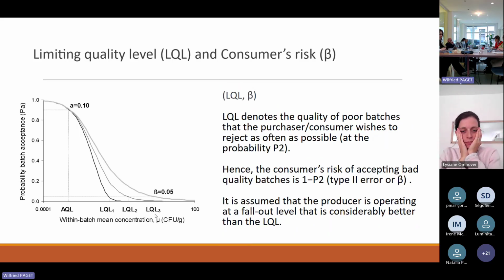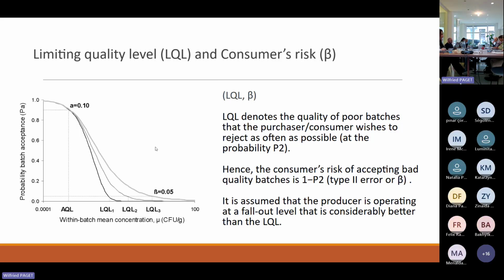What does that mean? That this is a very bad batch. But it's also in the limit, in the limit of rejection. So this quality should be rejected most of the times, meaning that the client or the consumer has a 1 minus beta % confidence that this lot is going to be caught by the sampling plan.